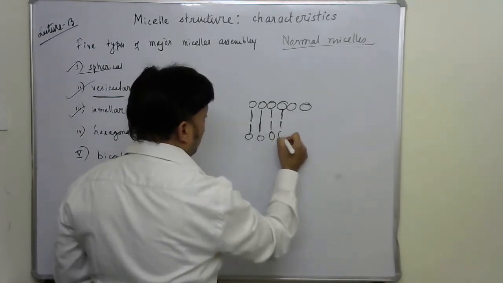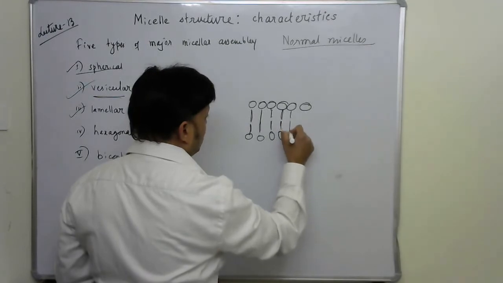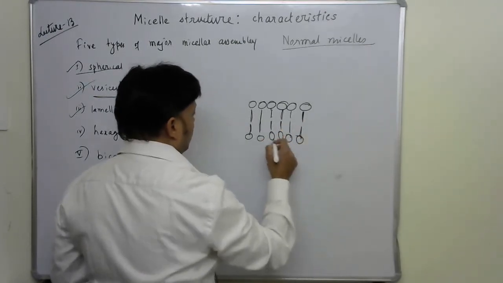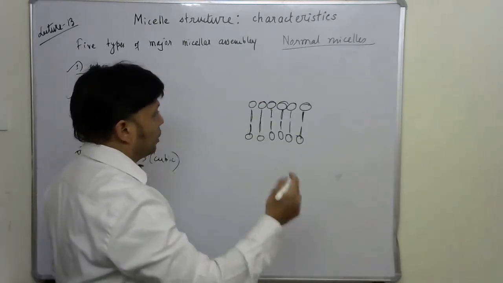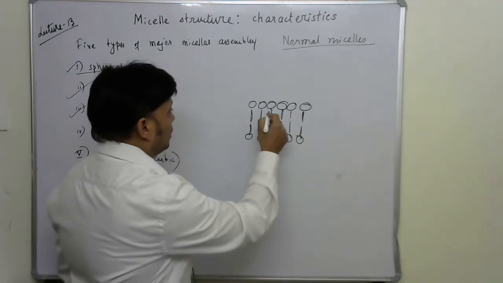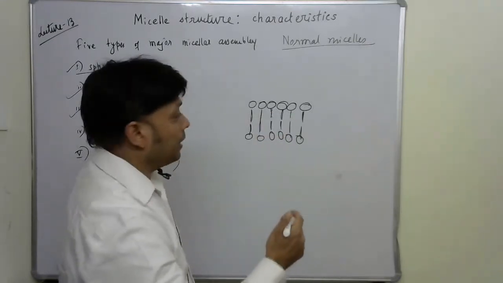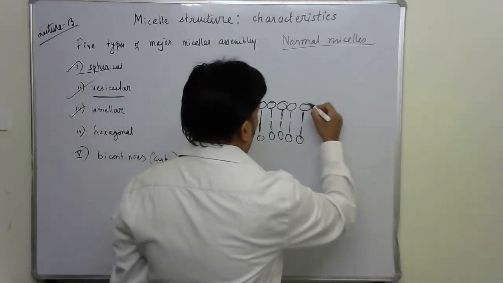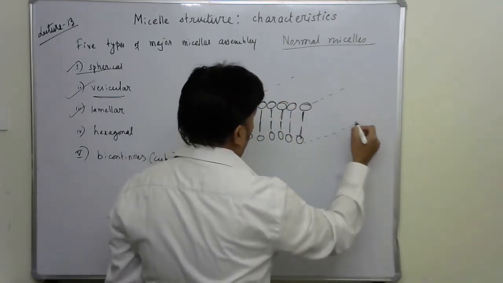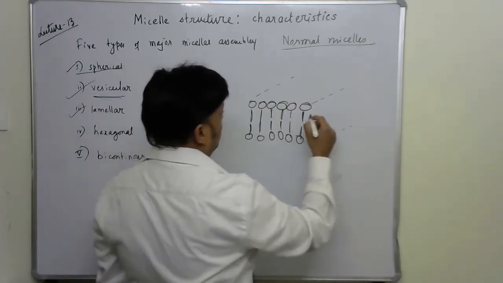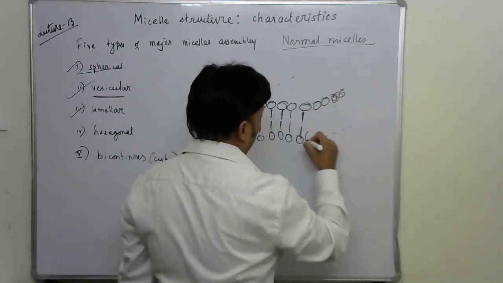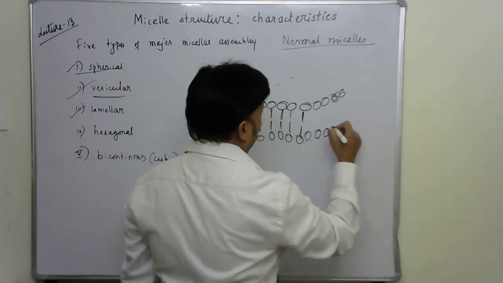By schematic diagram, we always represent micelle something like this. A circular structure means polar head group, and long chain is represented by some straight lines. So now if we think of that as a 2D structure, we have the surfactant molecules lying around here.